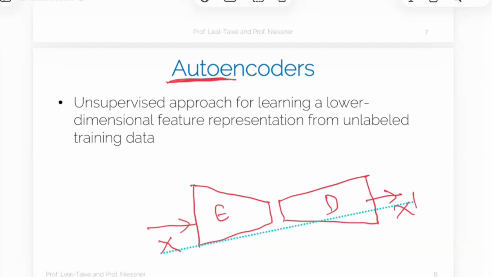And what is happening here? The encoder has a set of layers. It could be any type of layers, like fully connected layers or CNN layers. What it is doing is making X into Z, a robust representation.